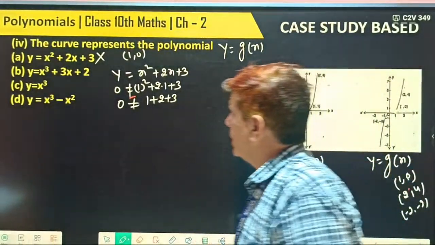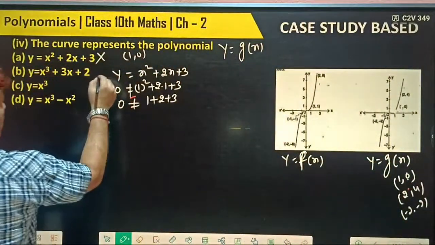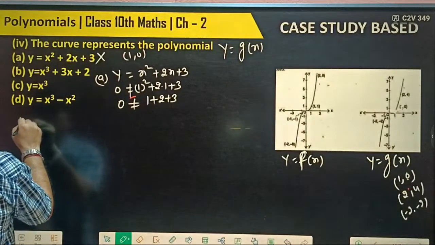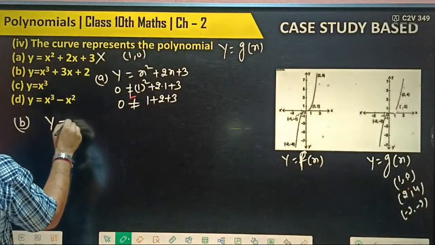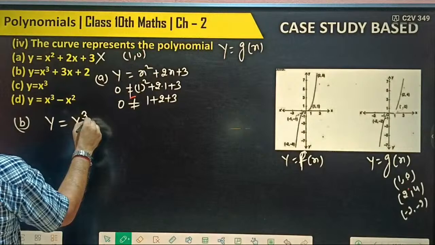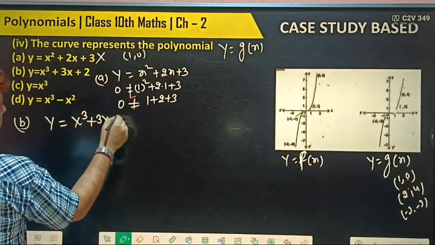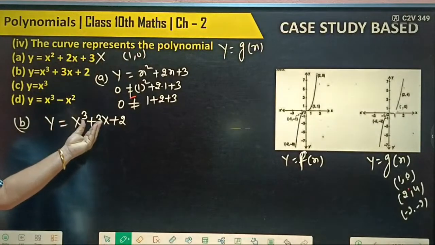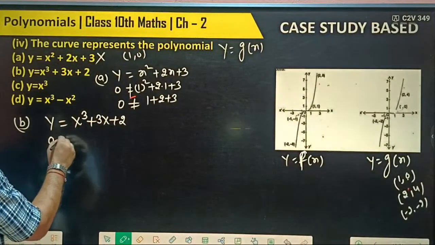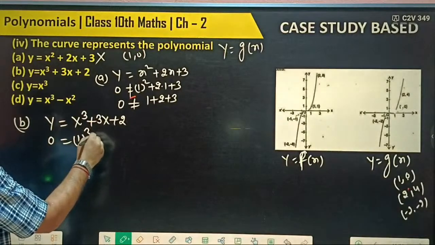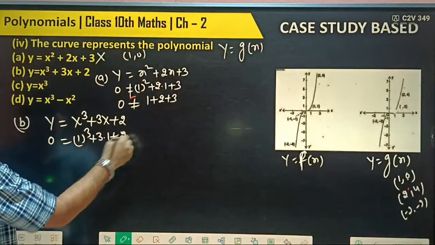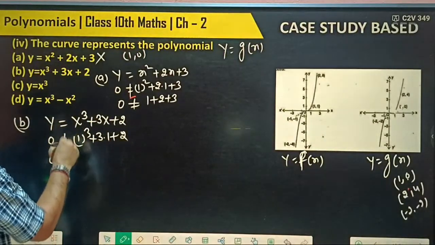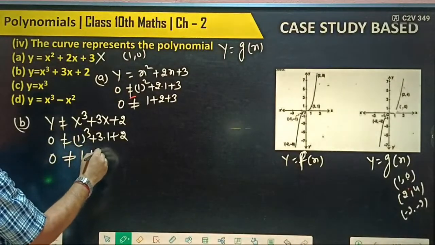So the second one we are taking, part B. y equal to x cube plus 3x plus 2. Directly putting these values, 0 equal to 1 cube plus 3 into 1 plus 2. So 0 is not equal to 1 plus 3 plus 2.